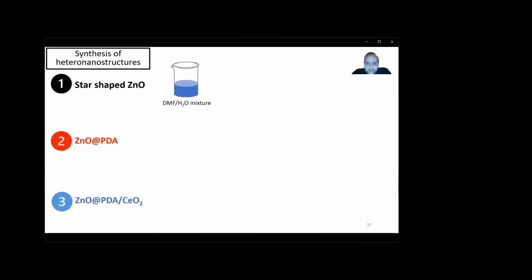The synthesis of the heteronanostructures was performed in 3 steps. First, star-shaped zinc oxide. Then zinc oxide nanoparticles were covered with polydopamine. And finally, cerium oxide nanoparticles were formed on the zinc oxide polydopamine nanocomposite. First, to synthesize star-shaped zinc oxide, we prepared the DMF water mixture, and used zinc acetylacetonate and PVP.